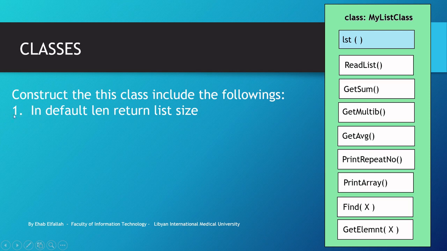The first request is: in default len, return the list size. So here we have to return the len of the list. If I call the function len and pass this MyList class, it will return the length of the list.